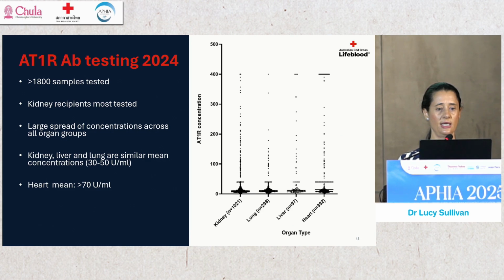The kidney, liver and lung are somewhat similar, but the heart is way, way above. And you'll note that even though I reported that the upper limit of the assay is 400 units per mil, we now routinely dilute samples that are above that so we can get a true indication of the level of AT1R antibodies.